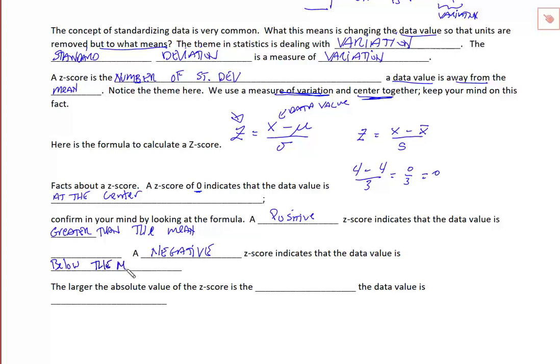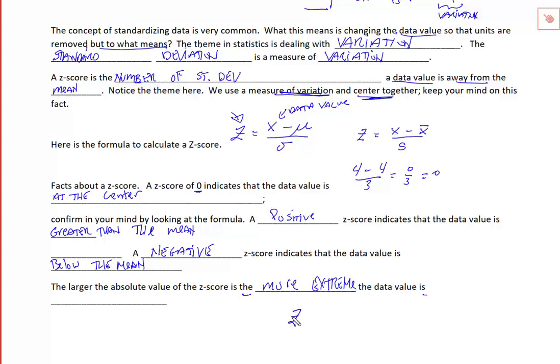So negative z-scores are below the mean, positive z-scores are above the mean. 0 means you're right at the mean. So the larger the absolute value of the z-score is, the more extreme the data value is. So keep that in mind.